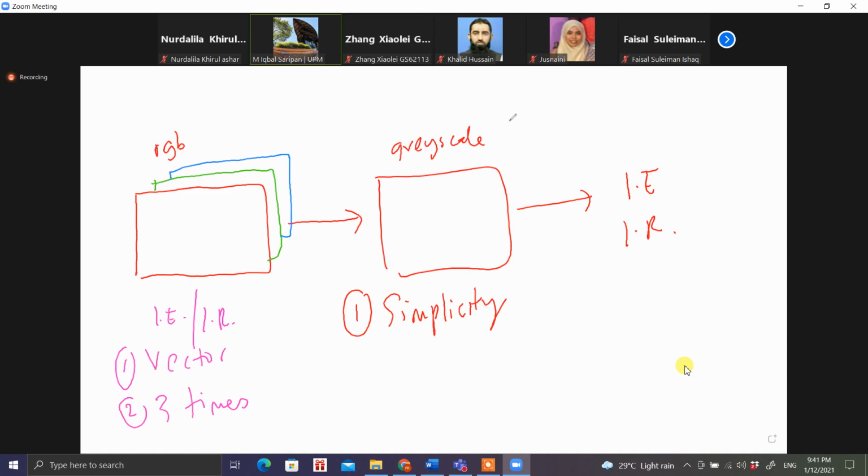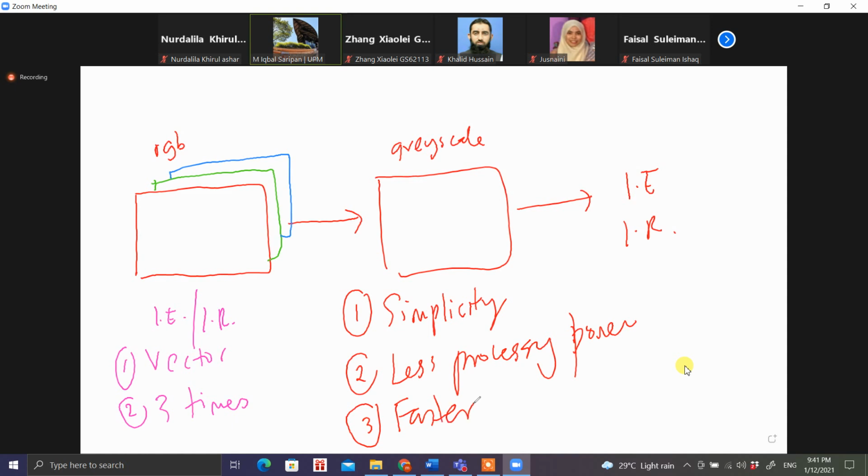Number two, they may also convert from RGB to grayscale because if you convert to grayscale, you will use less processing power, and it will also be faster.